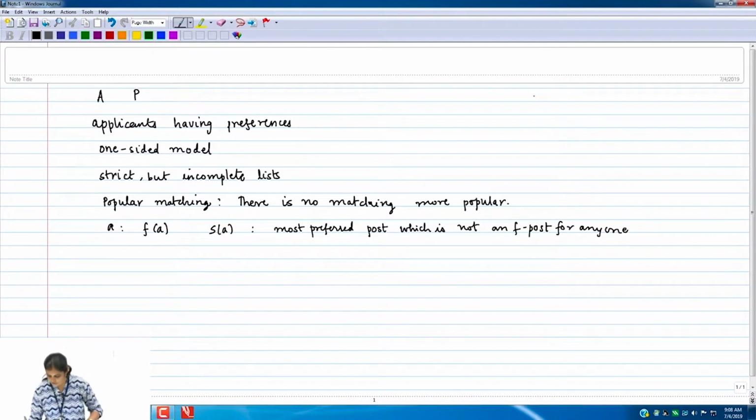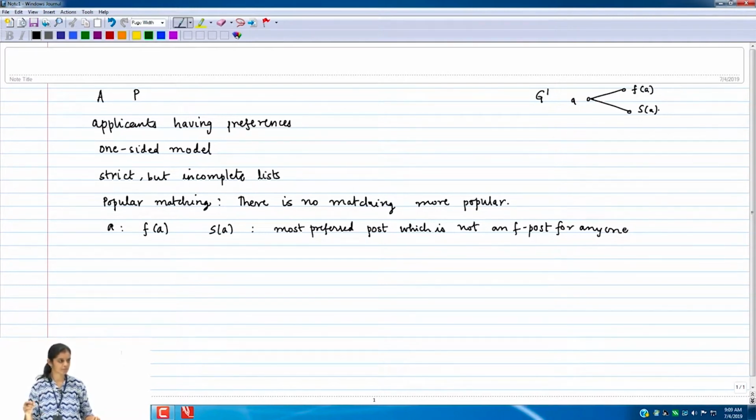And then we have a reduced graph G prime where every applicant adds exactly two edges, one to its F of A, the other to its S of A, and we said that if this reduced graph has a matching that matches all the applicants, then that matching is popular. And then we also said that if you just subject this reduced graph to any maximum matching algorithm, it may not have the property that every F post is matched.